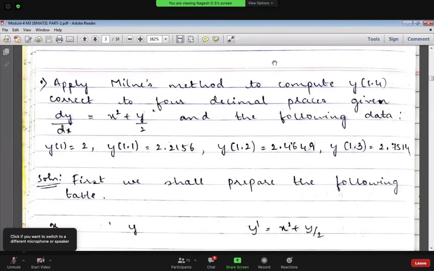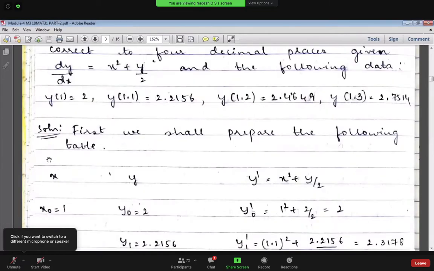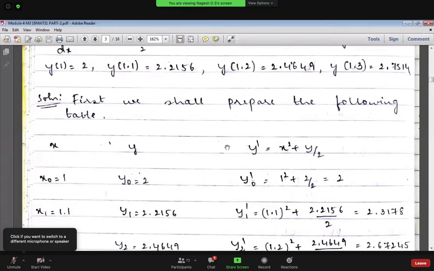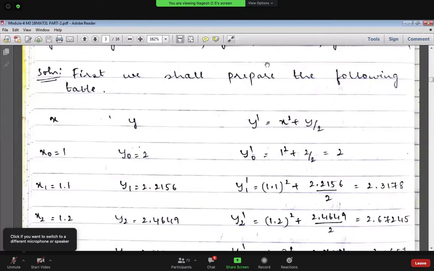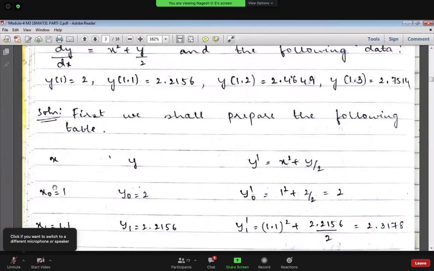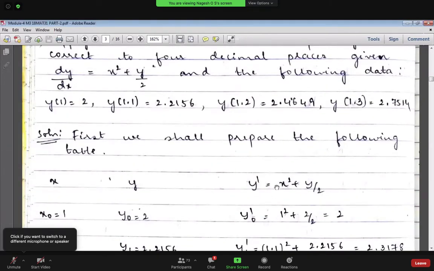First we shall prepare the table. Write x, write y dash equal to. I will just zoom out a little bit.